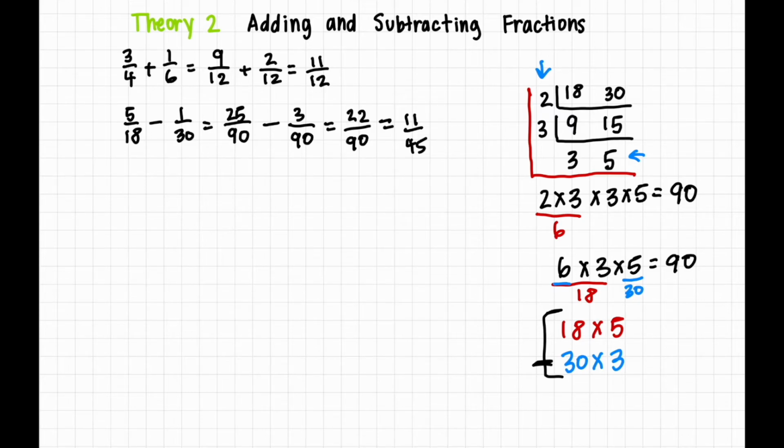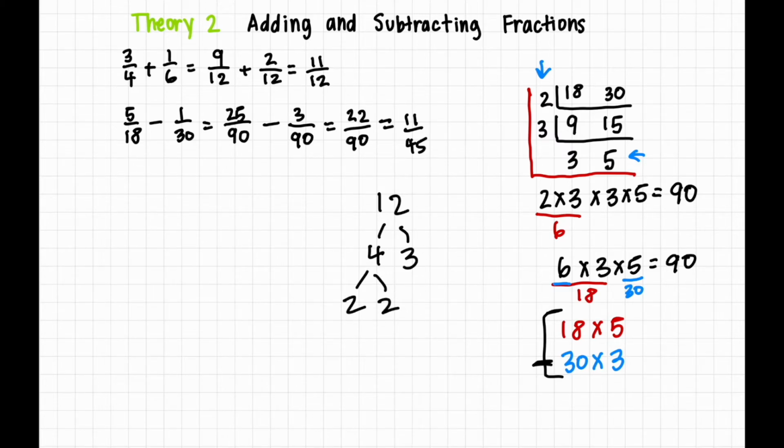For example, if we prime factorize 12, that would be 4 times 3, right? But 4 isn't a prime number, so we would divide 4 again by 2, and we would get 2 and 2.